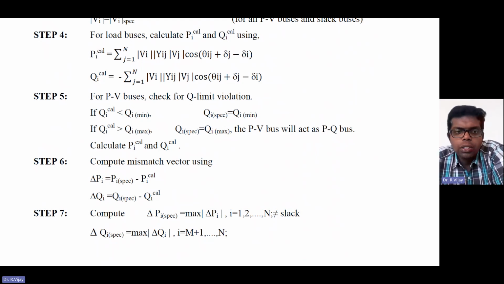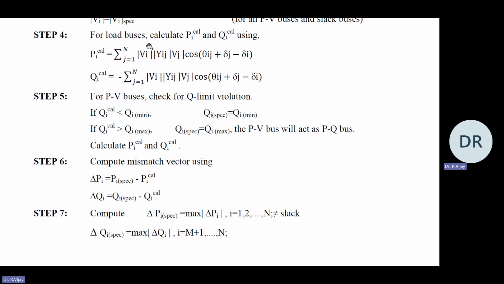These two things are similar for all the algorithms. In the fast decoupled method also, we are checking this Q limit violation, that is reactive power limit violation. This step we will call as set the reactive power limits to its minimum and maximum operating limits, that is specified values.